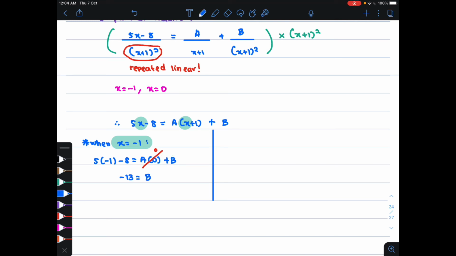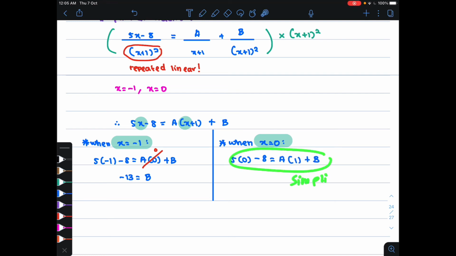And we will get b is negative 13. Negative 8 is equal to a plus b, but don't forget b is negative 13.